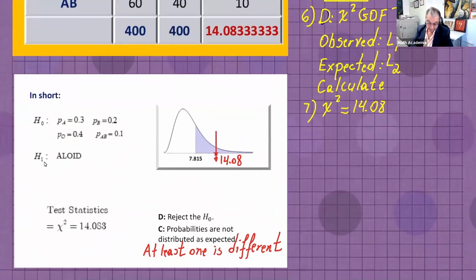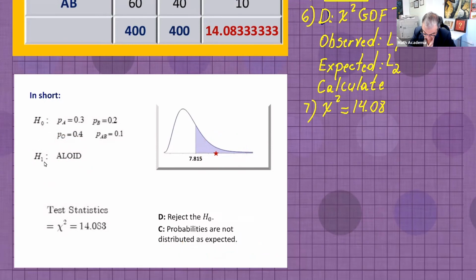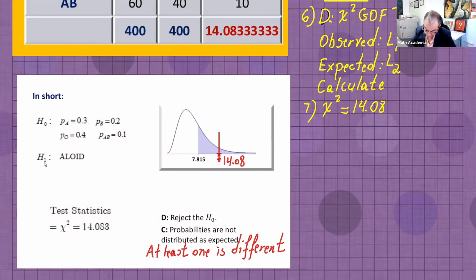Let's see the conclusion. So we said this was our H0, and in H1, we said at least one is different. The critical value is 7.815, and this is the test statistic.